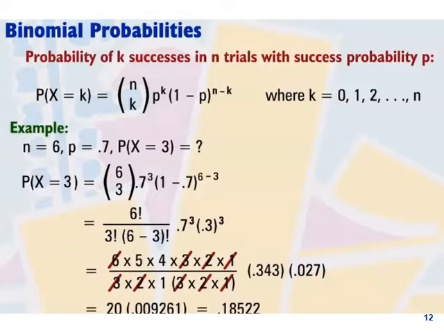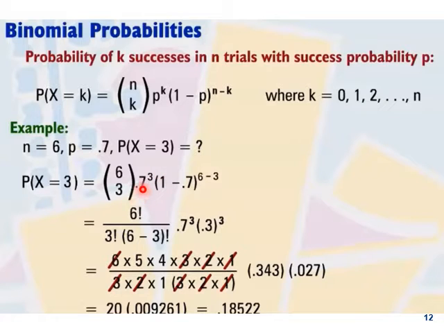Now the example: if N is equal to 6, that is the number of trials, and the probability of success is 0.7, then what is the probability where X is equal to 3? Because we know there are 6 trials, and the probability of K successes in N trials, we write 6 choose 3, that is N choose K, then 0.7 to the power 3.